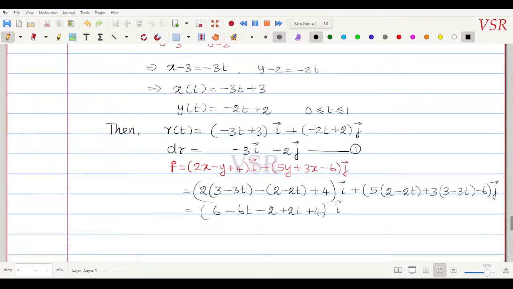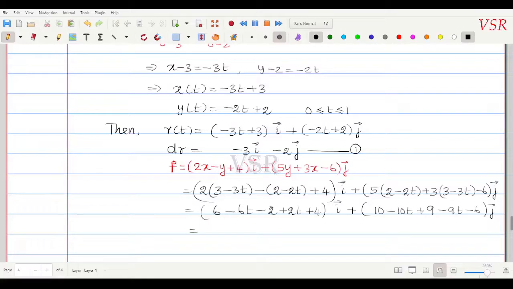Plus 10 minus 10t plus 9 minus 9t minus 6 into j vector. Let's complete this. So what we are having is, here a 6 and here a 2, and minus 4t.